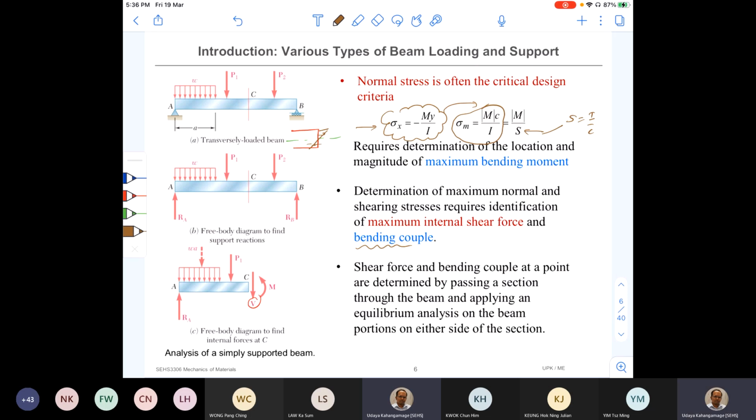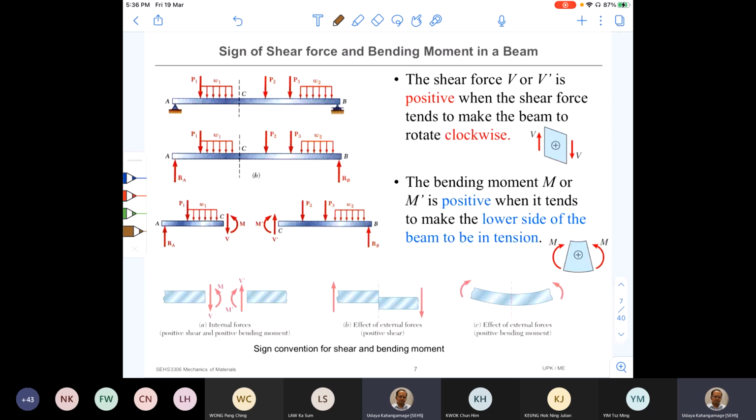Since bending moment and shear force are interrelated, we are going to draw both the shear force diagram and the bending moment diagram, or the shear force distribution along the member and the bending moment distribution along the member. And then we can visualize where the maximum values are. So that is what I'm going to introduce today, how to draw those shear force diagrams and bending moment diagrams.